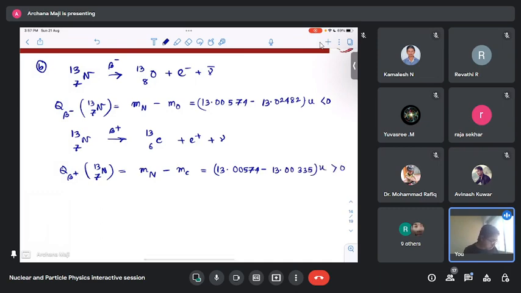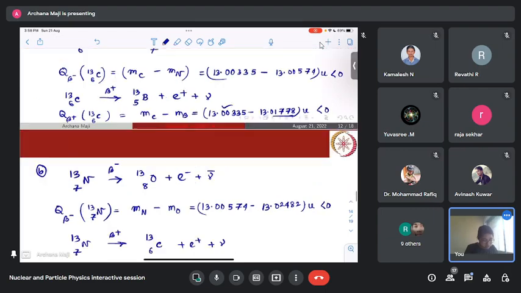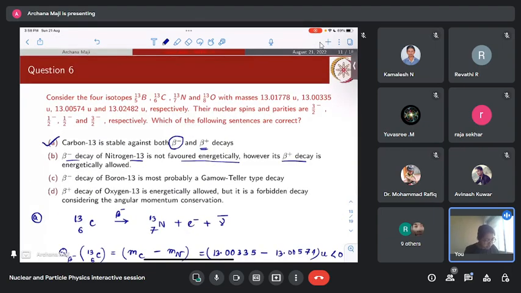So this is greater than 0, right? That means the second statement is also correct. Its beta plus decay is energetically allowed. So A and B both are correct.